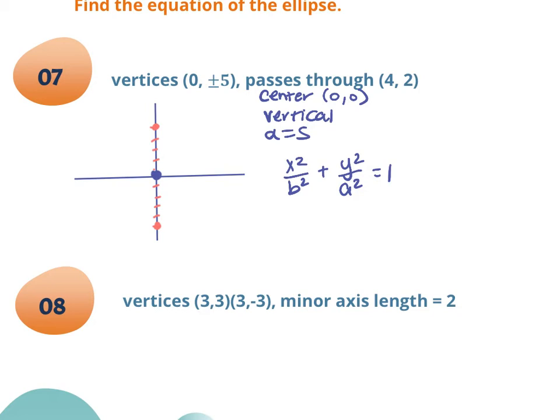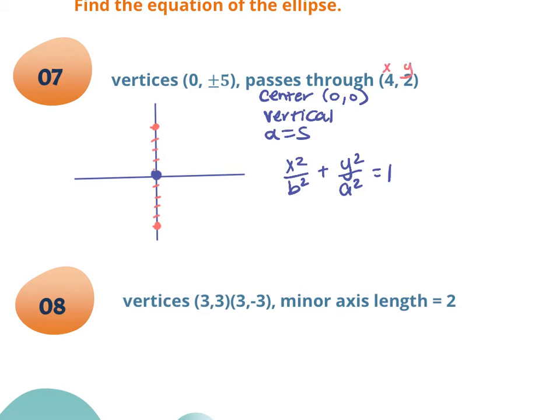All right, so we know it's vertical, right? We know the A is 5, and we know it passes through point 4, 2. There's nothing about B, right? There's nothing about C, right? What does passes through tell us, though? It goes through it.